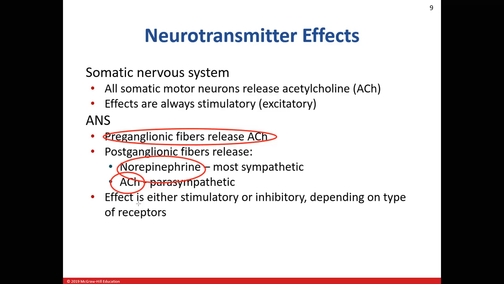Now again, the determining factor of a lot of this is not only the neurotransmitter, but also the receptor. So in this case, the effects can either be stimulatory or inhibitory for those postganglionic fibers. And it depends on the type of receptor that's found across that cleft and on the target tissue.